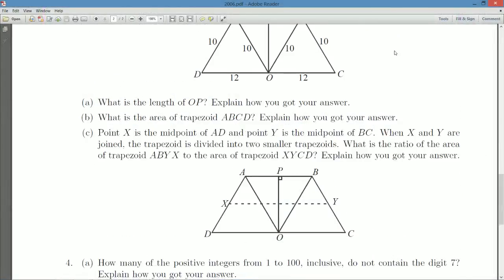B, what is the area of the trapezoid ABCD? Explain how you got your answer. Okay. Well, there's a formula for the area of a trapezoid.